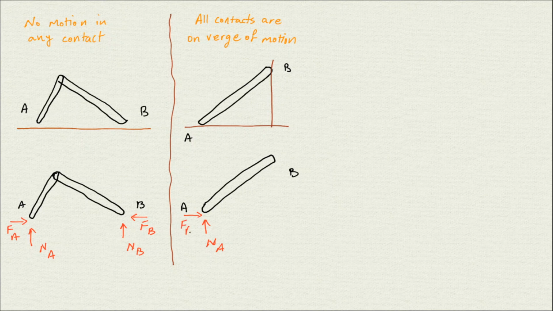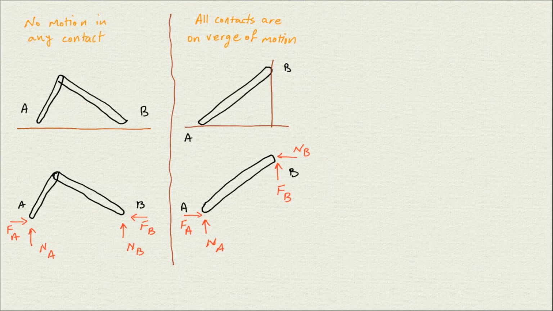It is important that we get the direction of the friction correctly. If any kind of motion is involved, it's really important to get the direction correct. Here is NB, and it's going to move down, so the friction opposes that, upward. We know that friction always opposes the motion.